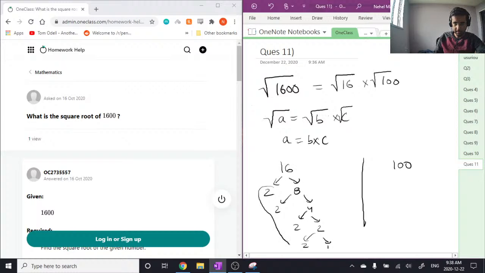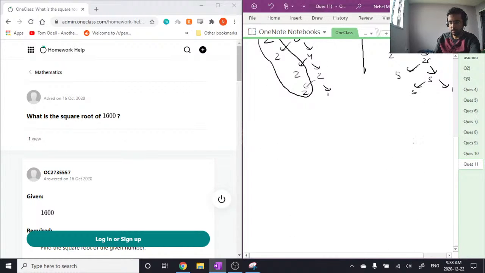So these are the factors in this case. And then for 100, we'll do the same thing. So 2 and 50, 2, 25, 5 and 5, and 5 and 1.